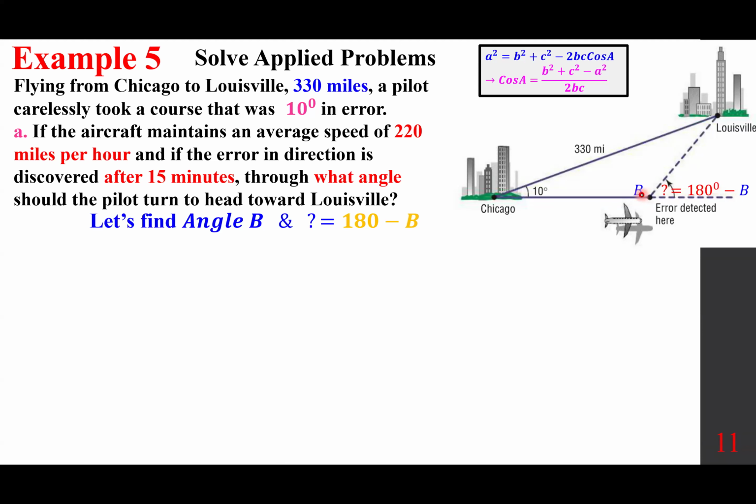This distance, let's just call it C. And we know that D equals RT, right? Everybody remembers that D is the distance, R is the rate, T is the time. So what is our rate? We are doing 220 miles per hour. This is R, everybody.